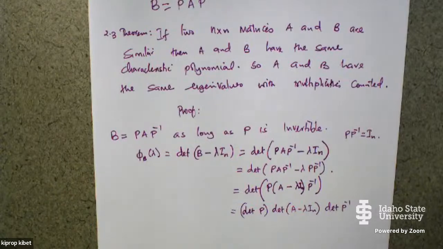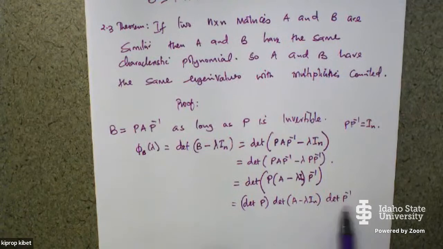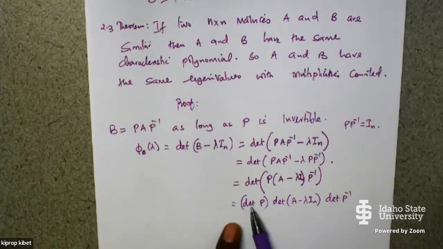Again, the determinant of P inverse can give us what? You can just combine this and this, which will give us the identity.